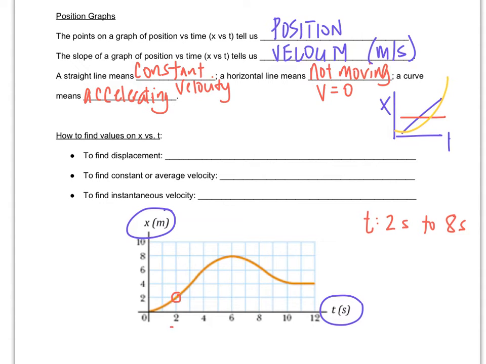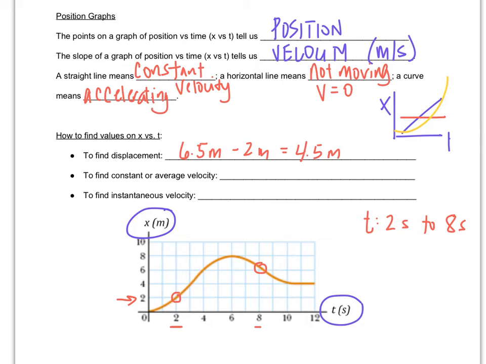This is 2 seconds, and this is 8 seconds. I would take the later value first. I'm going to estimate that's a little more than 6, let's call it 6.5 meters. And then I'm going to look to see where it was at 2 seconds. That looks to be exactly 2 meters. So I would subtract those 2 values, and that would tell me the displacement of this object during that time interval.